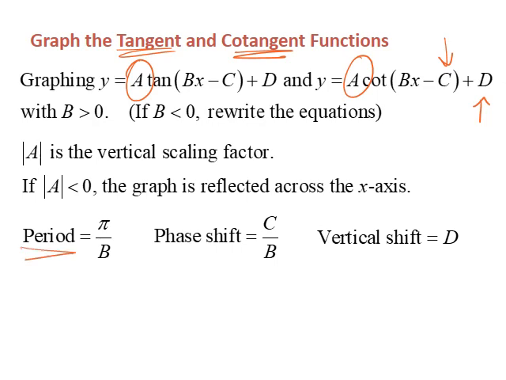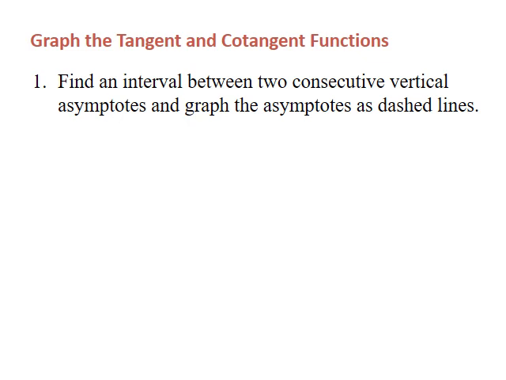One thing that's different is when we want to find the period, instead of taking 2 pi divided by b, we take pi divided by b. So this is one big difference that you'll see. Another difference that you'll see is the approach in which we graph.